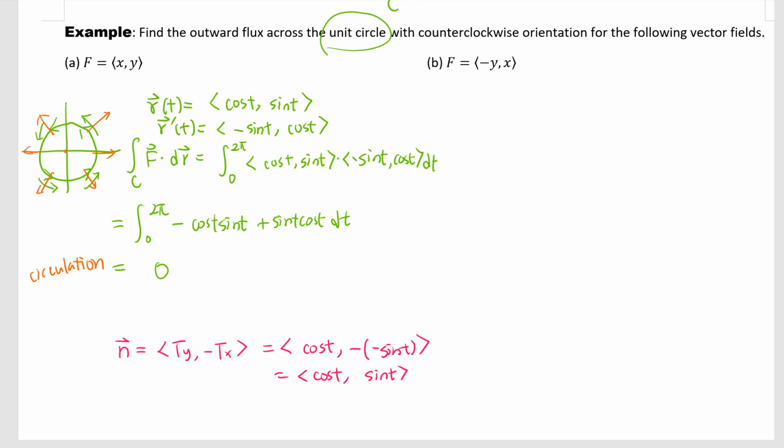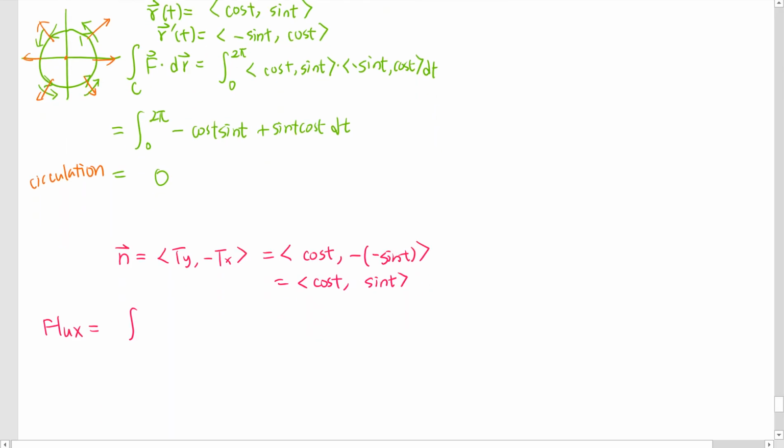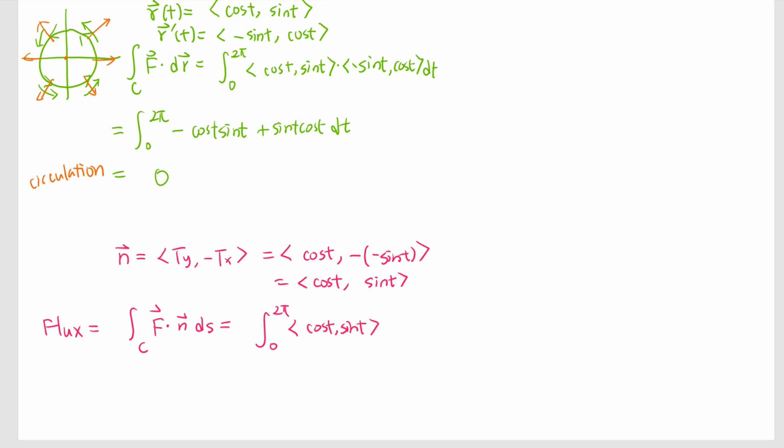Alright. Then, what is the flux? Well, flux equals along the path C, F dot N ds. Well, that equals, so our t goes from 0 to 2 pi, f. So f is still cosine t, sine t, dot our n is cosine t, sine t, dt.